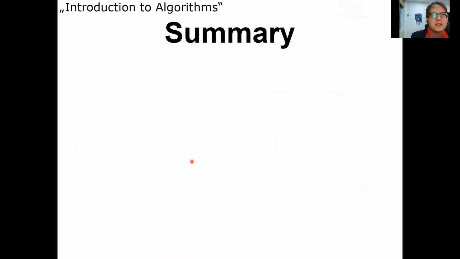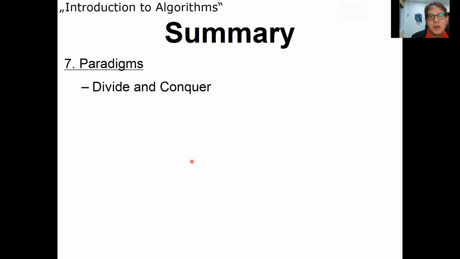So to summarize this very short chapter 7 on algorithm paradigms, we've talked about divide and conquer algorithms illustrated with examples like polynomial multiplication and matrix multiplication algorithms that we talked about in the first few chapters of this lecture.